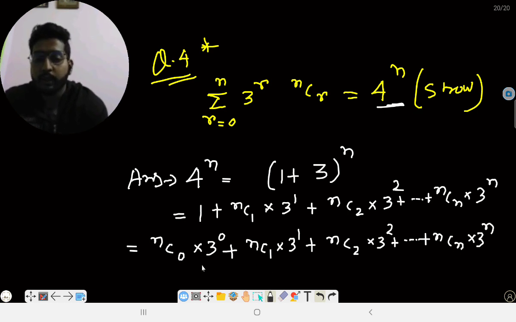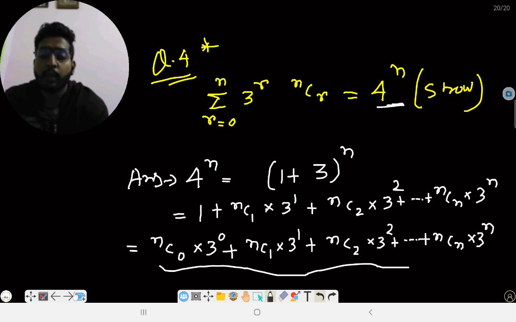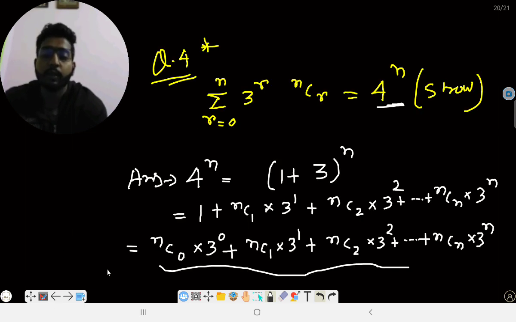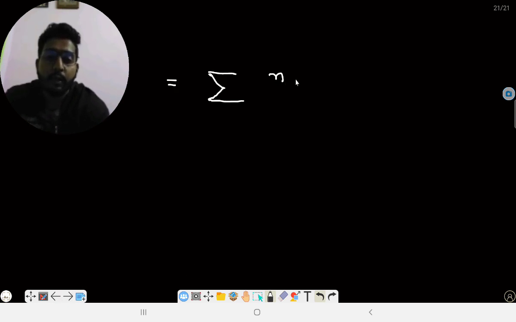Now you can see here, how to write this one. Okay, so this is plus plus plus like this. Whenever there is a plus, we can write a summation. Now look at here. First write what is the similar term here. You can see nC and 3, this is a similar term, so I am writing it like this: nC into 3.